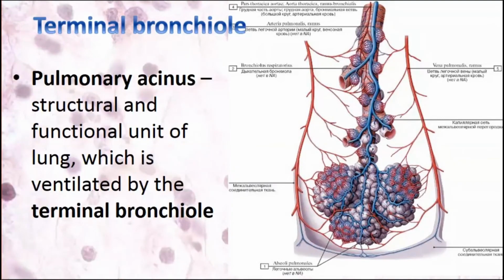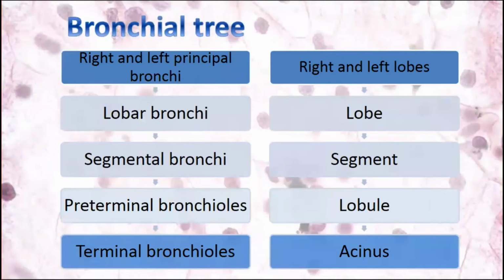And the region of the lung which is ventilated by the terminal bronchiole is called the pulmonary echinus. The pulmonary echinus is a unit of lung which receives air from the terminal bronchiole. So the preterminal bronchiole ventilates a lobule, and the terminal bronchiole ventilates an echinus.